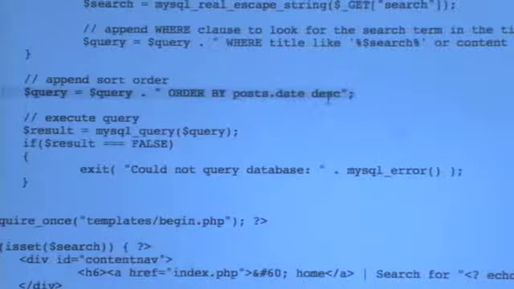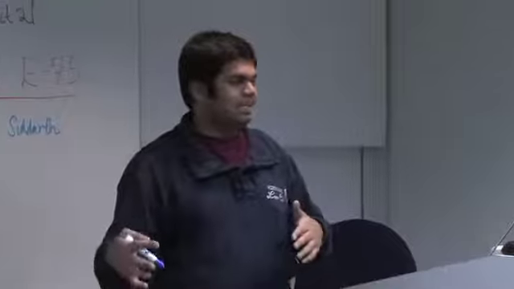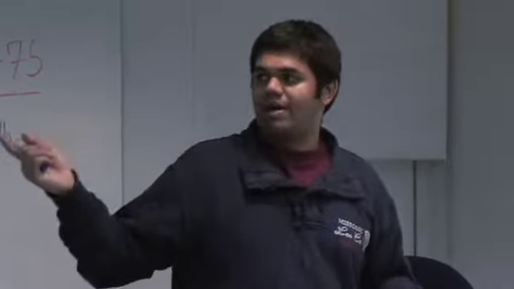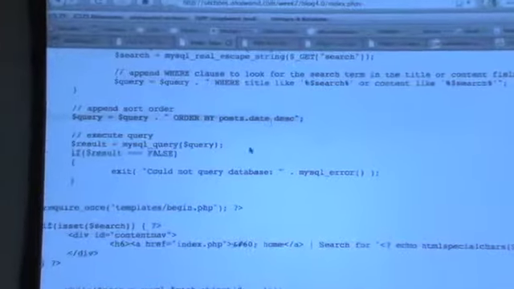In the post table, you have a bunch of posts, and each of them has a date. You want to get back whoever posted the most recent post first. So if you sort in descending order, you start with the most recent and so on.